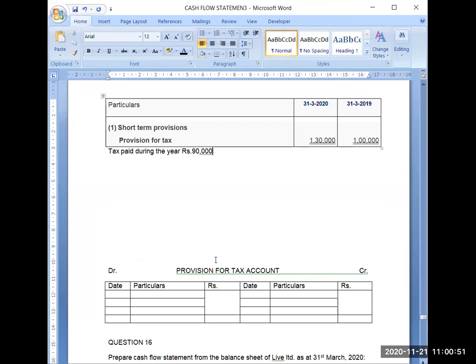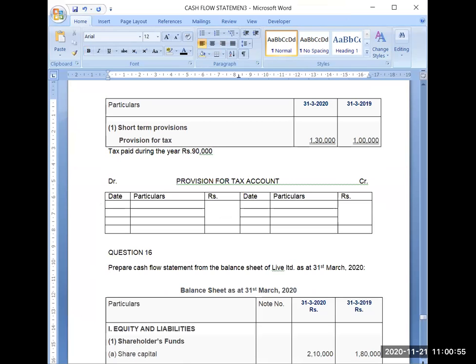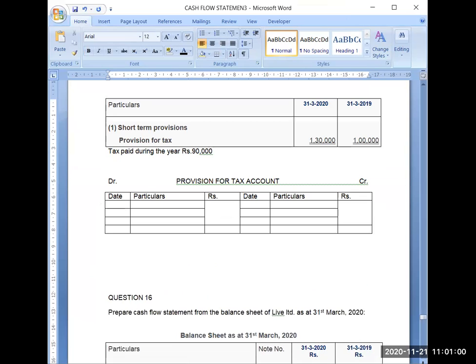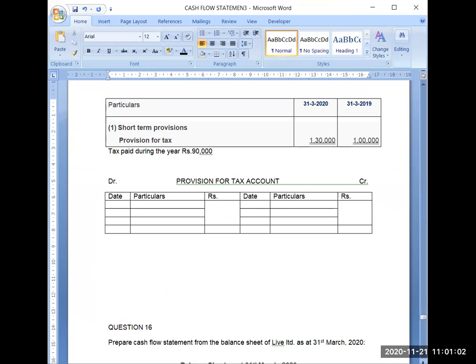So in that situation, we will be preparing provision for tax account. We will prepare provision for tax account when we will be getting 3 informations. Now how to make the account with the help of these 3 informations? Let's see.